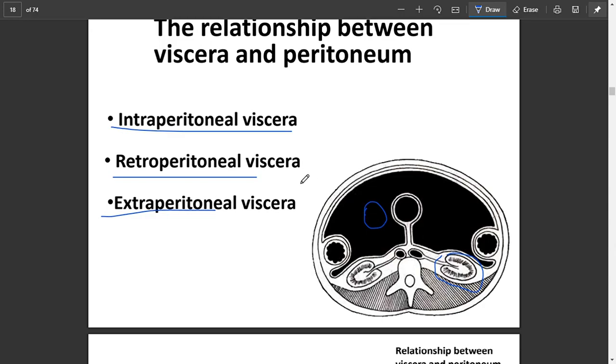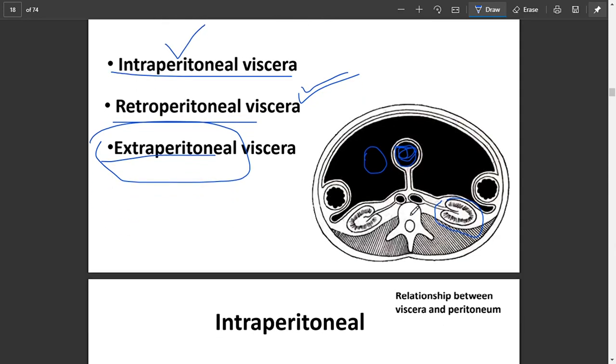Retroperitoneal organs are those organs which are outside, but they were once inside. And extraperitoneal organs are those organs which developed outside; they were never inside. And intraperitoneal organs are those organs which are present within the peritoneum, but they are not covered by the peritoneum.